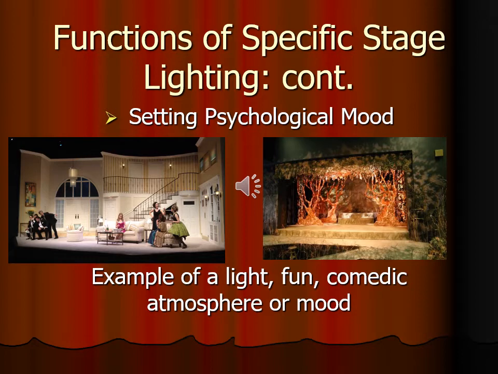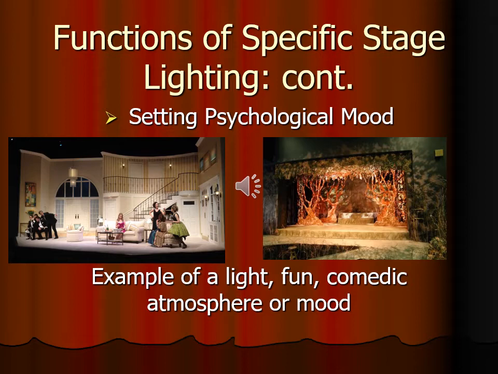I think the next function of specific stage lighting is probably the function that is easiest for us to identify with because of how we use light in our homes. You are setting a psychological mood, and this has to do with intensity of light. It can be the color of the light, the direction of the light. You'll see I have two examples here of light, fun, comedic atmospheres or mood.